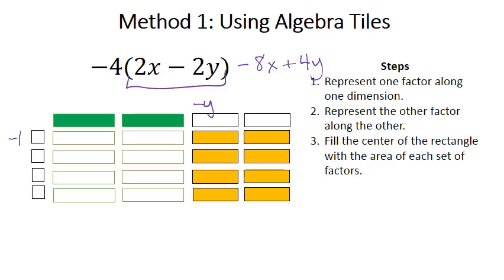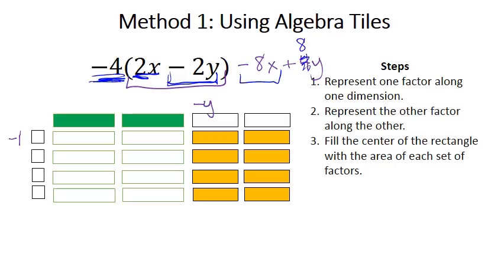One thing I want you to notice here, if I took negative 4 and multiplied it by 2x, I would get negative 8x. And if I took negative 4 and multiplied it by negative 2y, well, negative 4 times negative 2 should be 8. It should be 8y.